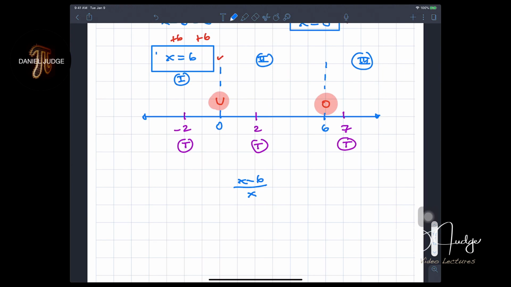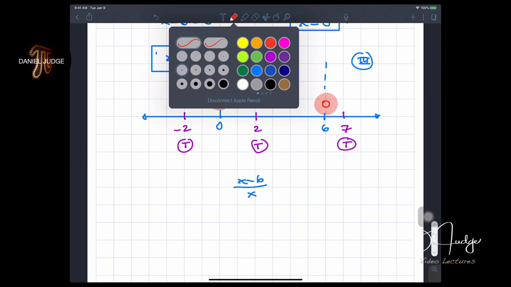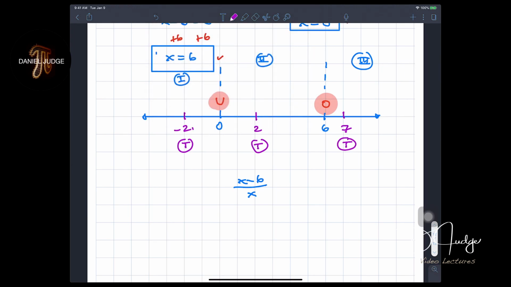So there we go. Let's test the -2 here. Plug in -2: -2 minus 6 over -2, that's -8 over -2, and a negative over a negative is a positive. So region 1 is positive.